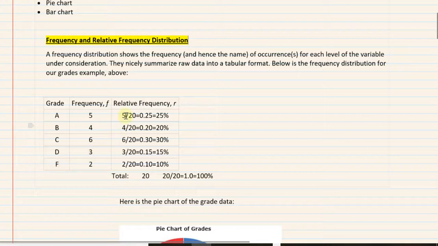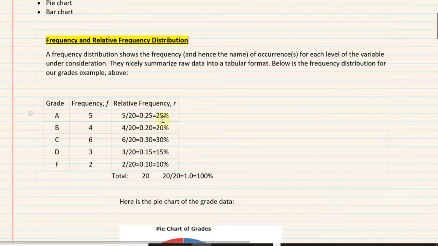Now we can turn these into relative frequency. The word relative here means relative to the sample size, which is 20. So a frequency of 5 relative to 20, 4 relative to 20, 6, and so on. If you do a simple ratio of 5 divided by 20, you get 25%, right? 1/4.